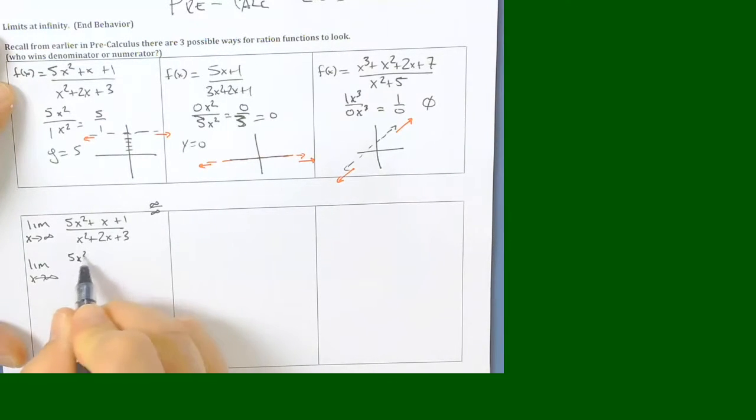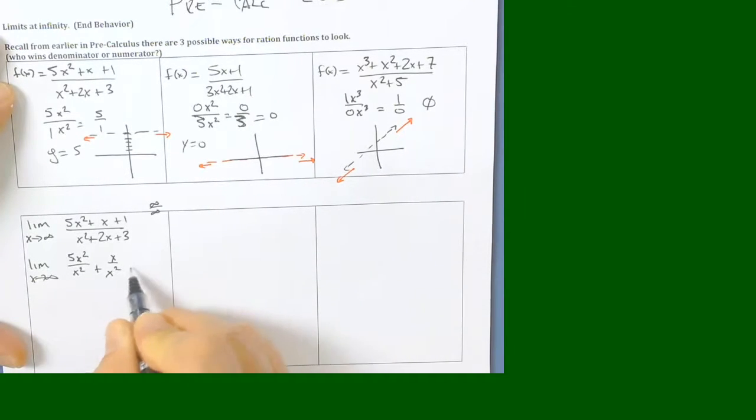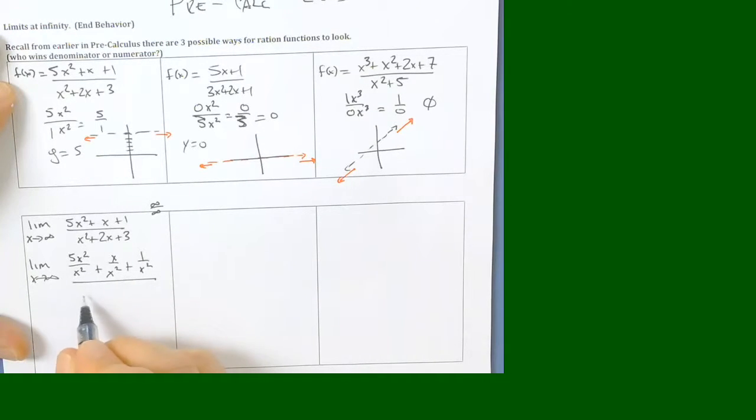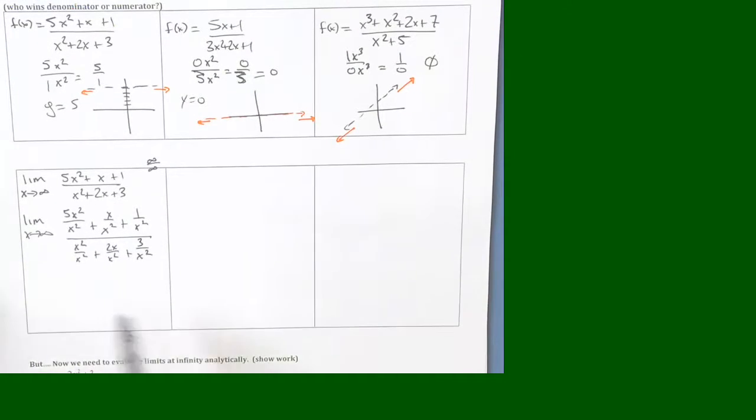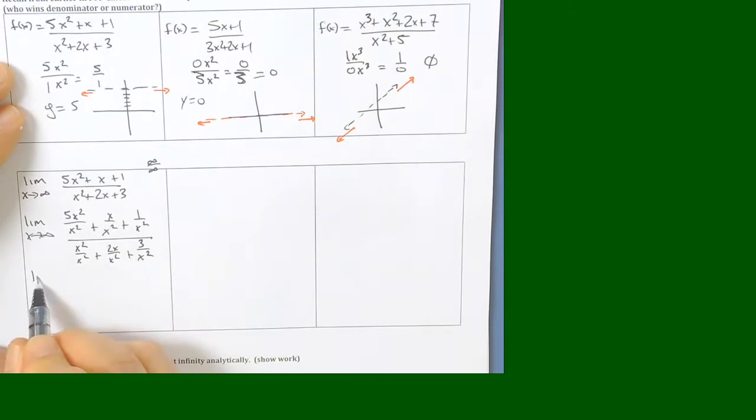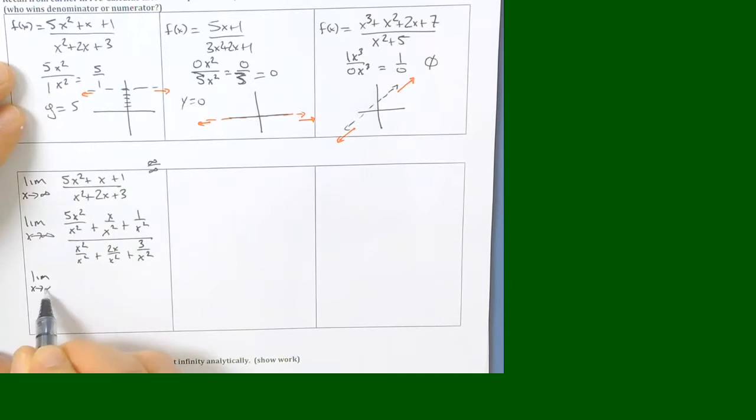5x squared divided by x squared plus x divided by x squared plus 1 divided by x squared, over x squared plus 2x over x squared plus 3 over x squared. Now, I'm going to simplify that. I'm keeping my limit because I haven't applied it yet.